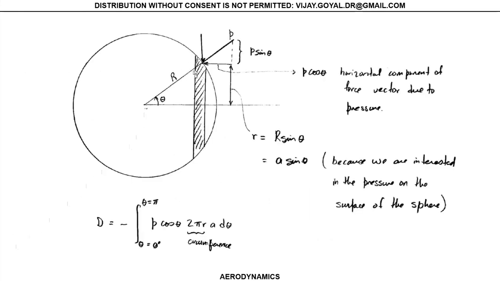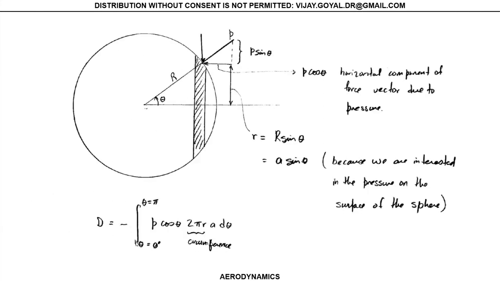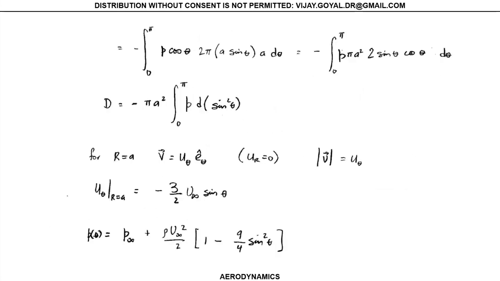And then if I take a small strip here, as we did before, and find all the pressure distribution and do all the geometry, you can show that this is the final expression that you get. And then if I evaluate this expression, it goes from 0 to pi, and you can show that you get this equal to this. This is a minus sign. So then your drag expression is this.